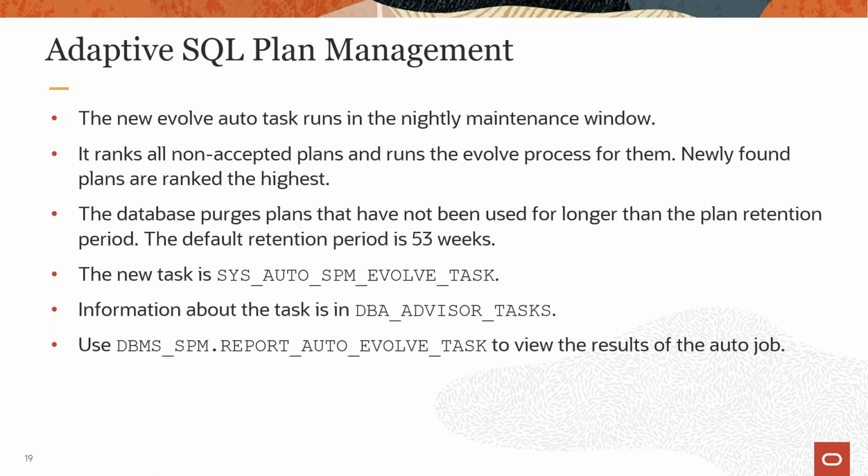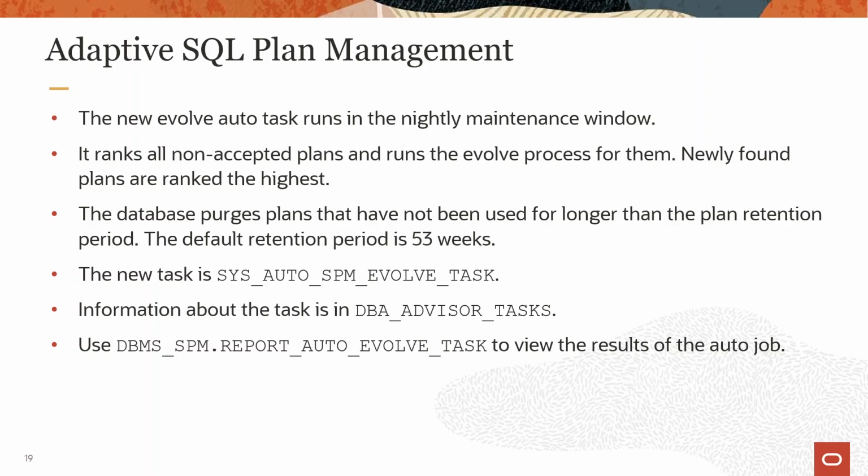This new nightly maintenance task is called SYS_AUTO_SPM_EVOLVE_TASK, and you can find information about the task in DBA_ADVISOR_TASKS. Via the procedure REPORT_AUTO_EVOLVE_TASK of the package DBMS_SPM, you can review the results of this automatic evolve task.